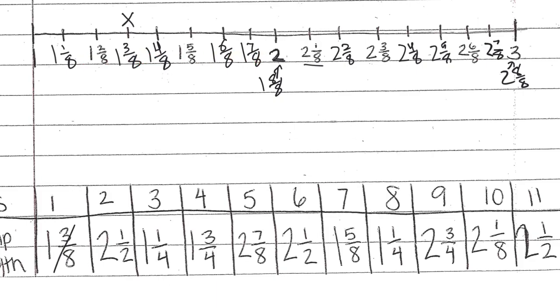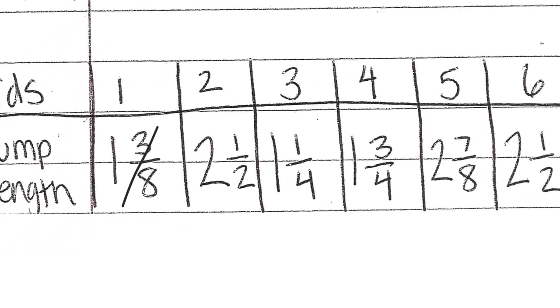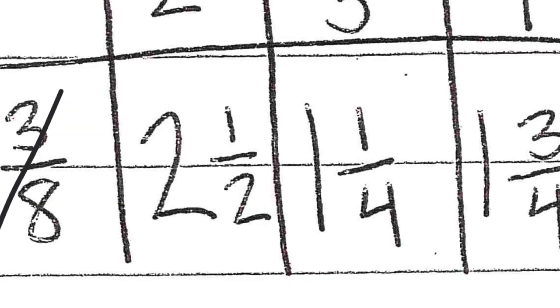Or is there? 2.5 is the same as what number? Well, it is the same as 2 and 4/8. How do I know that? Well, if I zoom way in here, I could think of it this way. To turn this number into an 8, I'm going to take it times 4.